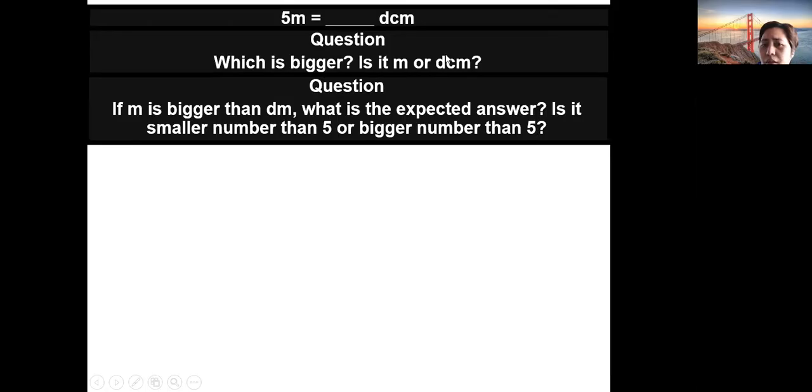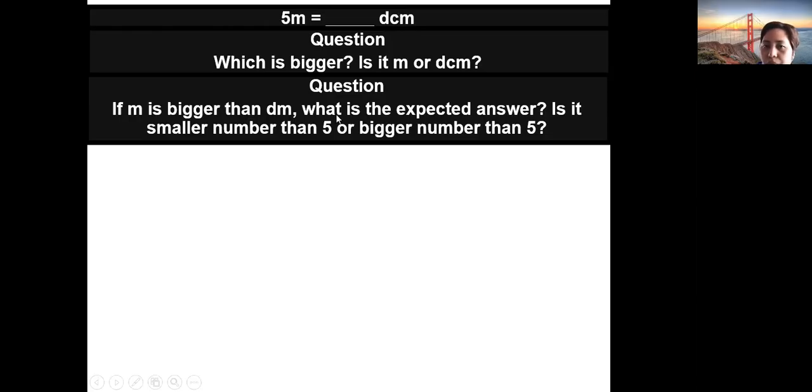Any number put here as an equivalent for decimeter is just equivalent to 5 meters. What I'm trying to tell you is, if meter is a bigger unit, then it will be converted to a smaller unit.